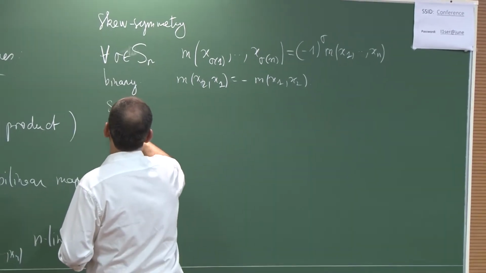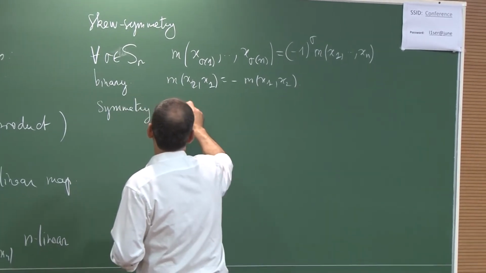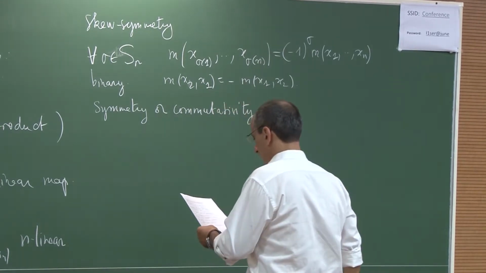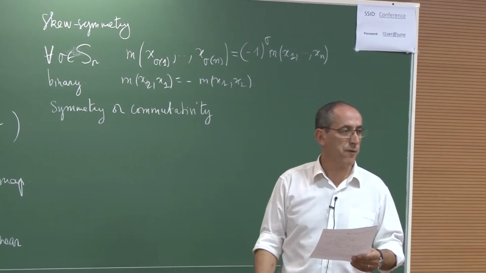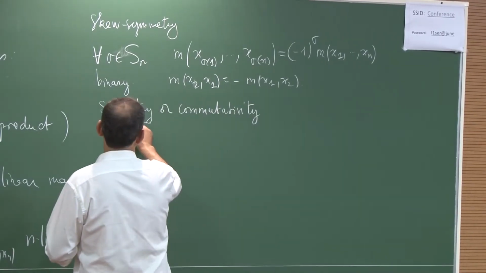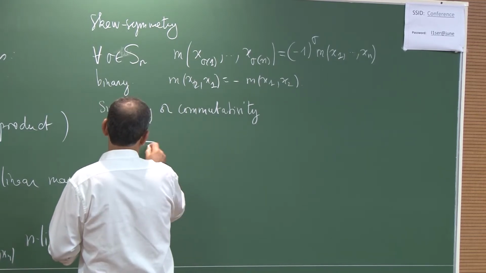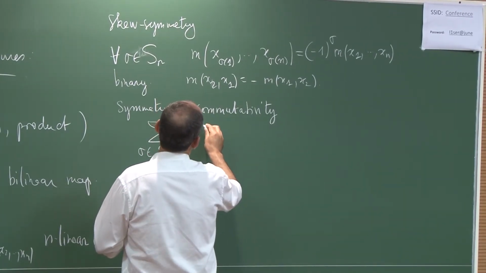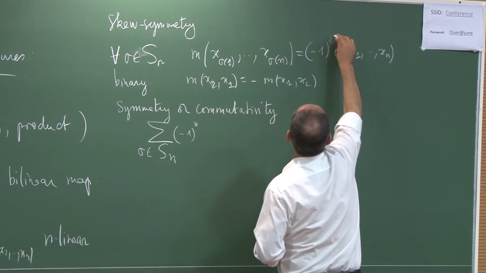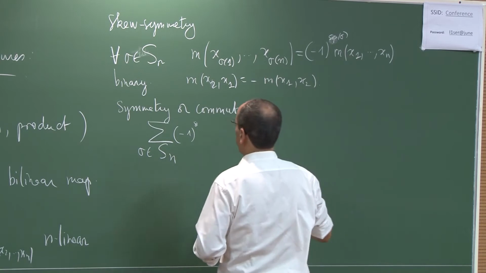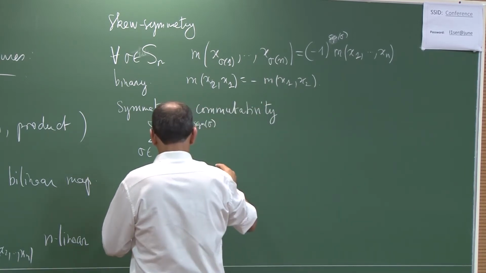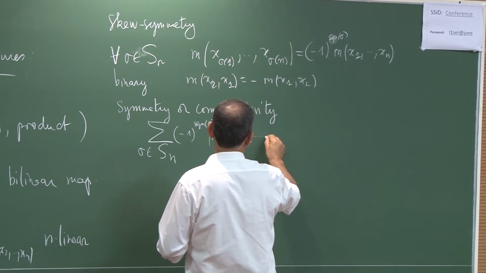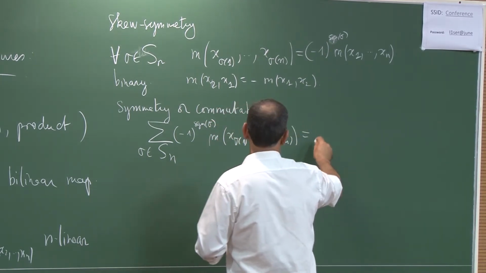What about symmetry or commutativity? You know what commutativity is, of course, for binary, but for n-ary this means that the sum over all elements sigma of Sn of (-1) to the power of the signature of sigma, times M of x sigma 1, ..., x sigma n, should be 0.